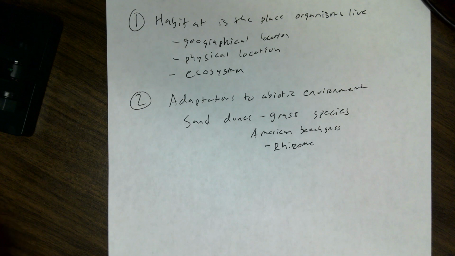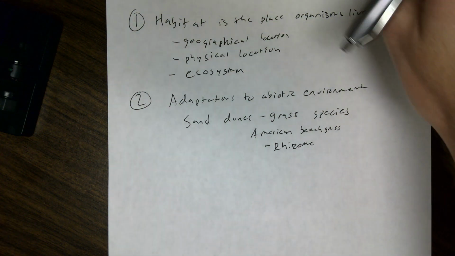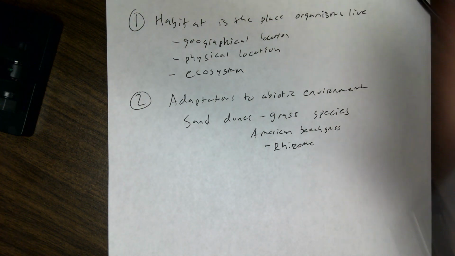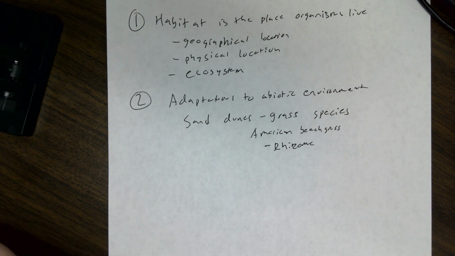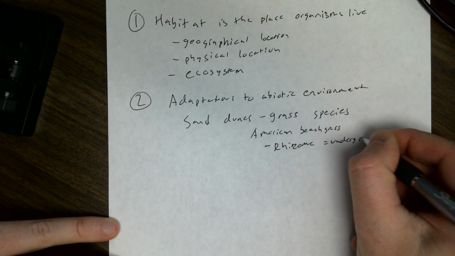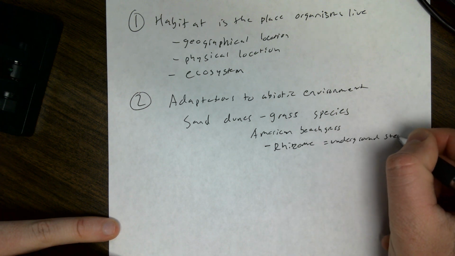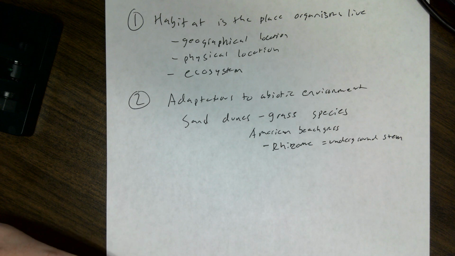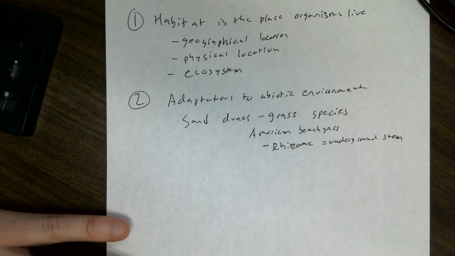So what is a rhizome? It's basically an underground stem, and it puts out lateral shoots at different intervals. This is to help anchor it into the ground.